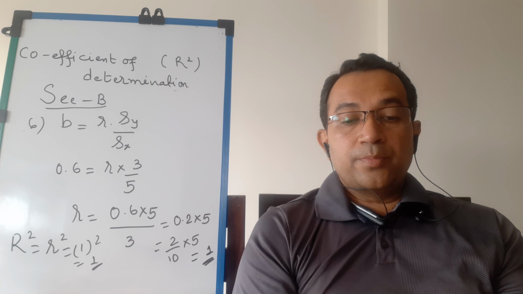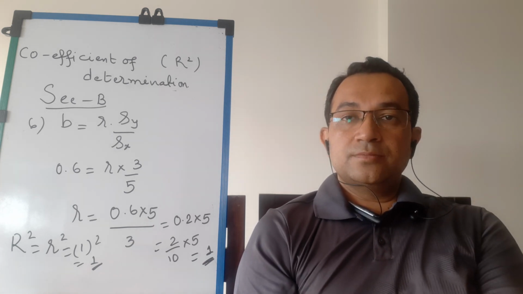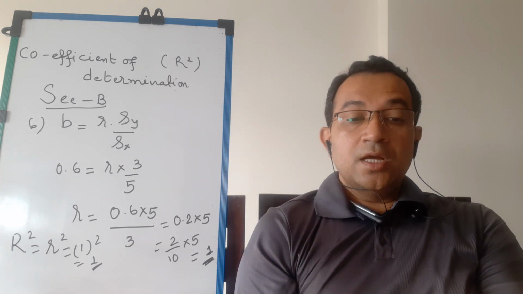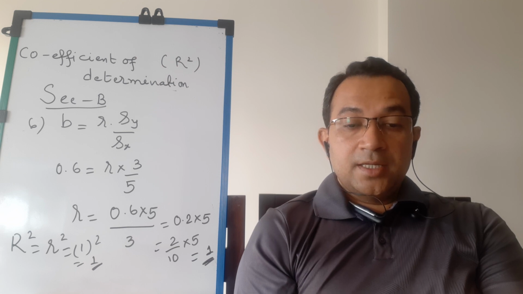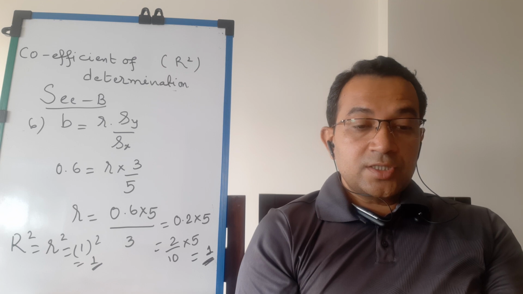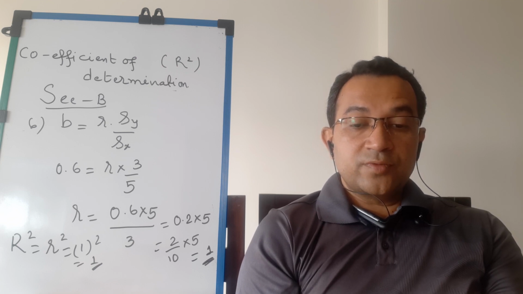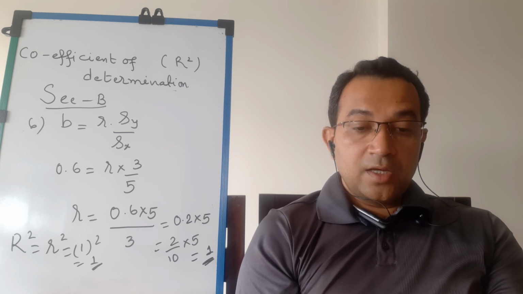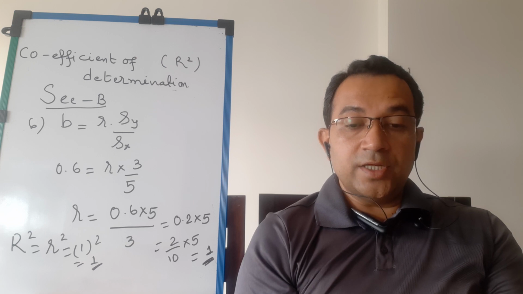Now, pay attention, students. The second precaution. First of all, I am just reading it from the textbook so that you try to understand. Another point which is necessary to be kept in mind while using regression analysis is that the regression relation obtained by scatter diagram or by the method of least square should not be used for the values which are very far from the given values of the independent variable.